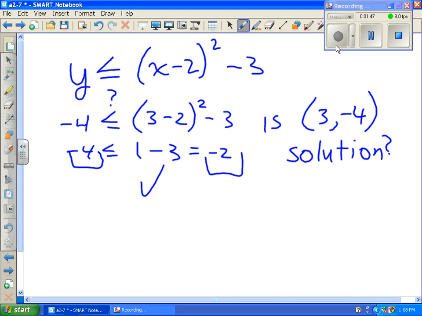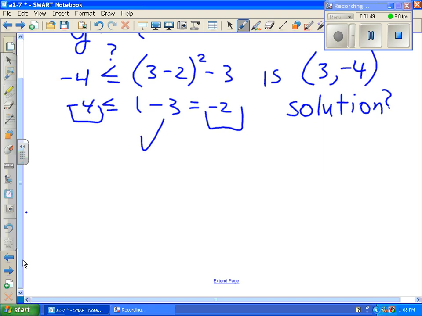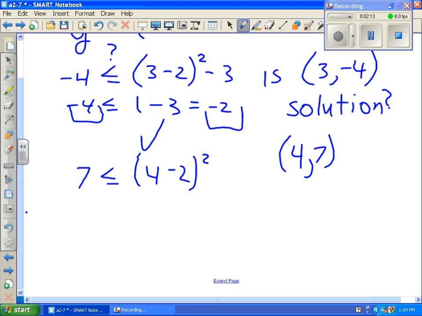Let's look at another example from the same inequality. Is (4, 7) a solution to that same inequality? Well, we check it in the same way. We say 7, is that less than or equal to (4 minus 2) quantity squared minus 3?